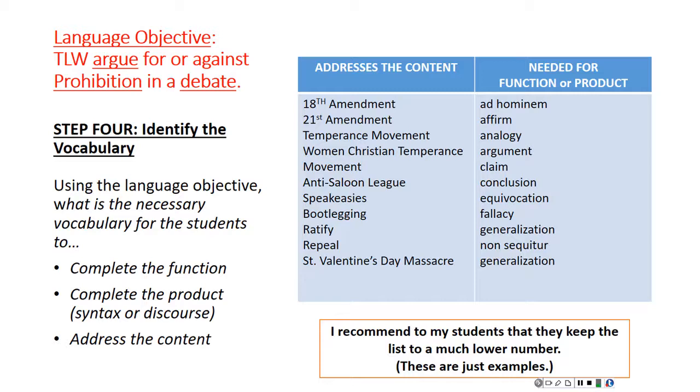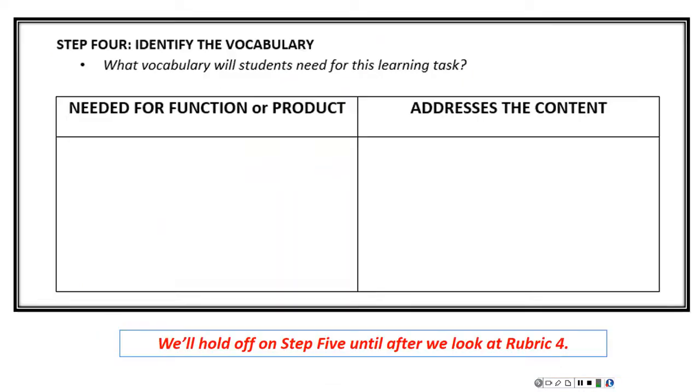You decide that by thinking about the purpose of your language task. You have to think about what you're doing. So these are just examples. See if you can come up with some vocabulary: what you need for function or product, and what you need to address the content.